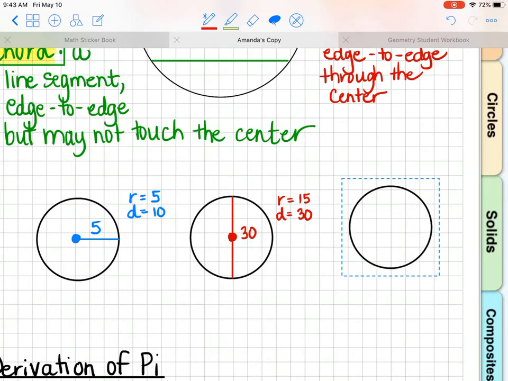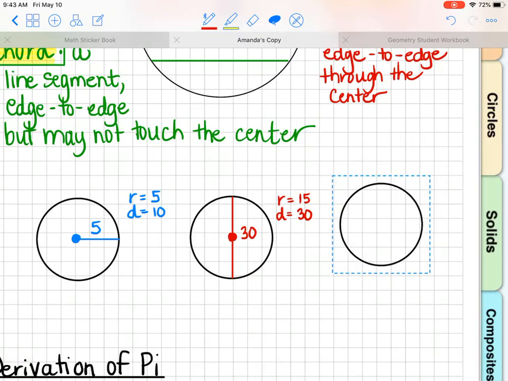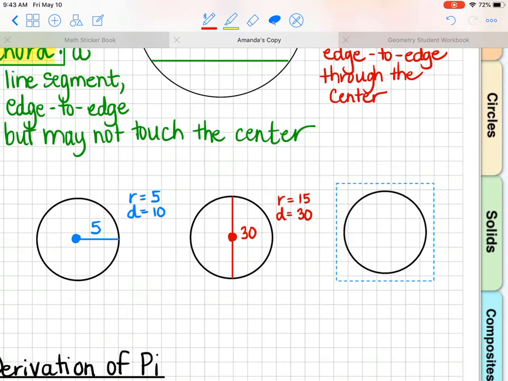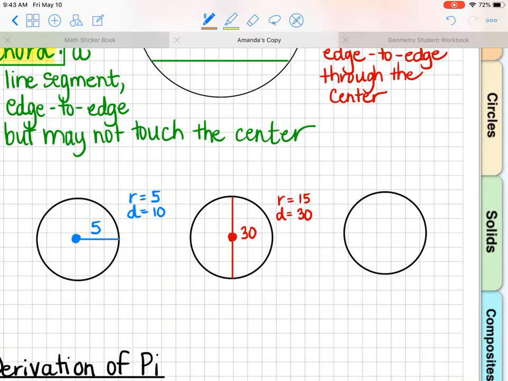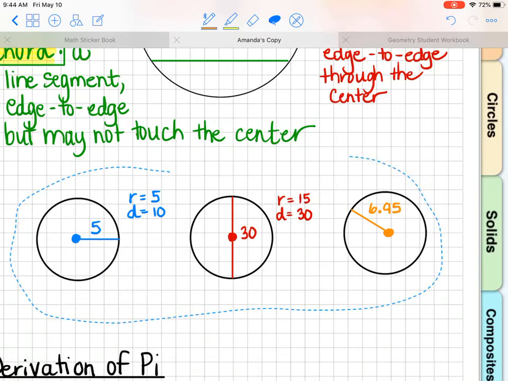Okay, here is one more. And I want to do one of these with a decimal so that you can see that it's not always easy to see. Not that the first two are, but they're easier to see. And this time I'm going to use orange. So let's say that we go this way, and we make that the center point. That's so very important. And this time I'm going to use 6.95. So you have to ask yourself, is that the radius or the diameter?